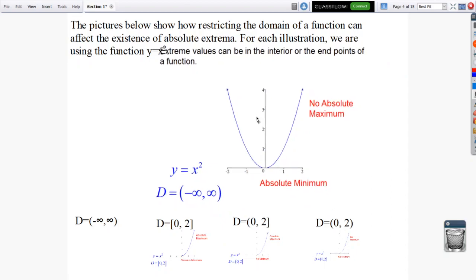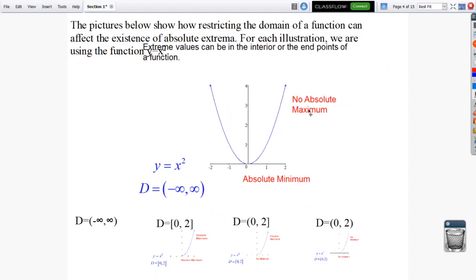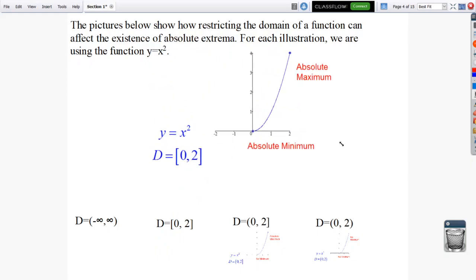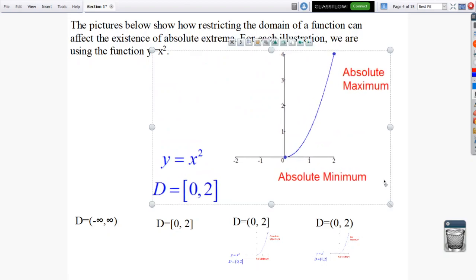So I guess what we're trying to get at here is there's no guarantee that you're going to have an absolute value, period. If I change this to a closed domain where the two endpoints are inclusive, where I can get to 0 and get to 2, because I have this closed domain, I now have an absolute maximum.